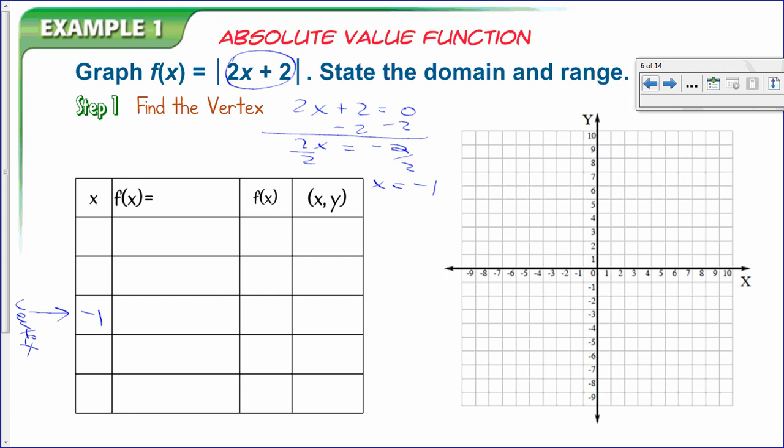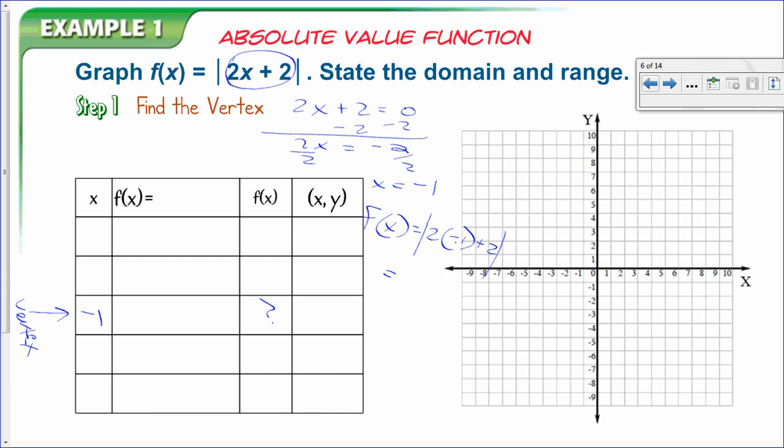Now, how would I find this? What can I do? Yeah, can I plug it back into the original equation? Okay, f of x equals absolute value of 2 times what? -1 plus 2.